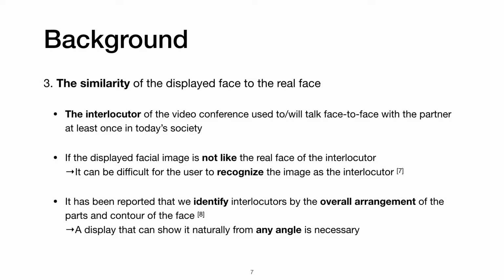It has been reported that we identify the interlocutor by the overall arrangement of the parts and contour of the face, such as nose, mouth, eyes or jaw contours. So a display that can show it naturally from any angle is necessary.